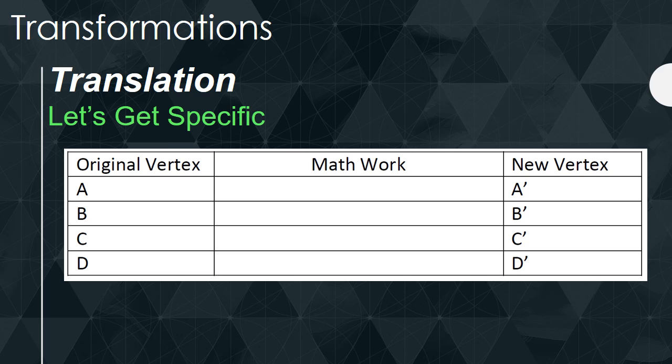Now let's actually go ahead and fill in the specifics. Our original vertex for point A was -2 and +1. The math work that we're going to show: we have -2, and remember we're moving it -4 units to the left. Then our second point is 1, and we need to move it 3 units up.